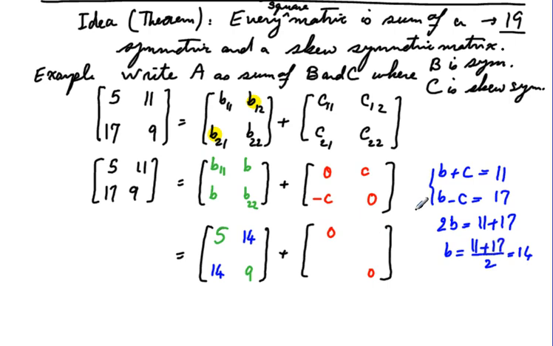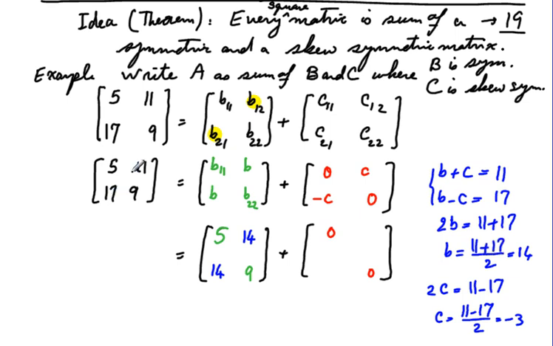How about C? Well, you have to subtract these two equations. So C is 11 minus 17 over 2, and that is minus 6 over 2, which is minus 3. So every entry on the skew-symmetric matrix is equal to the original minus its sister location entry, divided by 2.